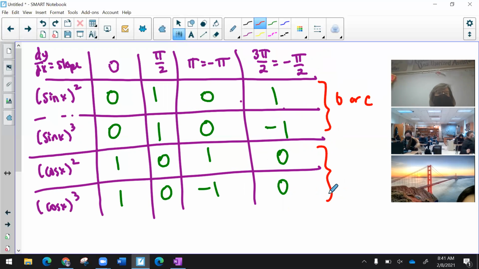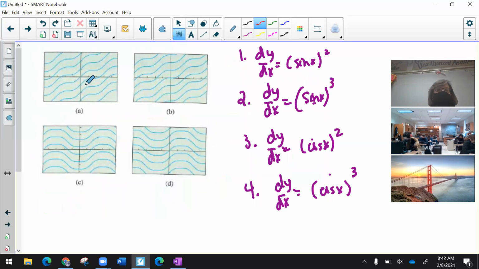My other two graphs, cos(x²) and cos(x³), both have a positive slope of 1 at the origin. So again, if we look back, we can see that A and D both have positive slopes. That's the slope of 1.